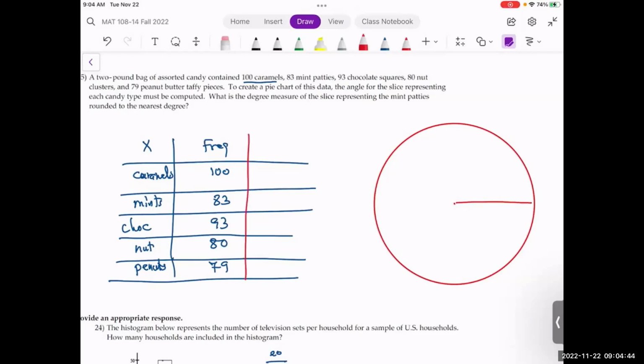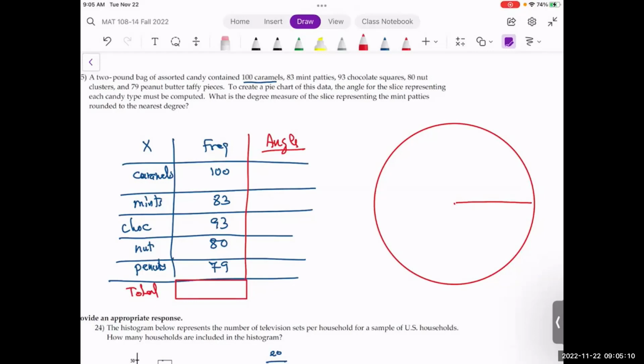So I want to find the angle. Are we okay with this? Here you will have to use your proportions. So what I want to do first is figure out the total of all these frequencies.